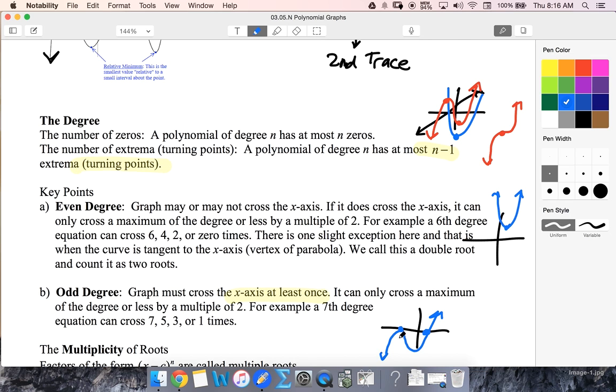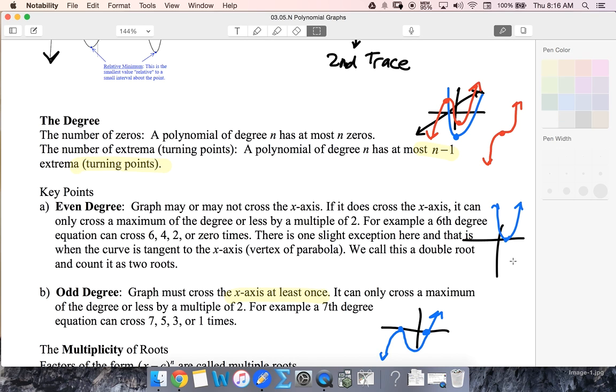And this is what I was talking about here. So when it's tangent to the curve, then I'm touching the x-axis once, but I'm still not actually crossing it. So that's what we look like when we're tangent. And that happens when we have a repeated root or a double root.